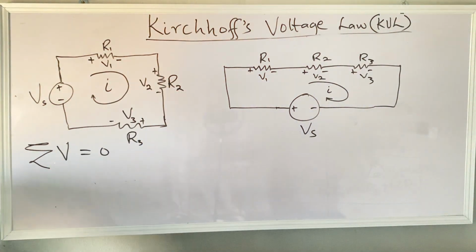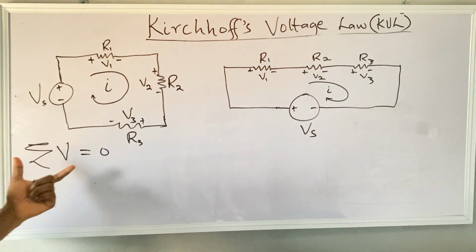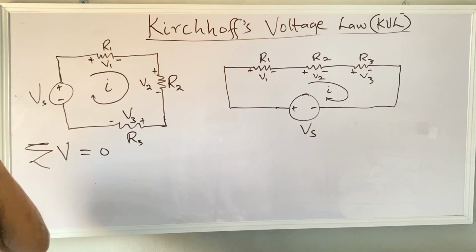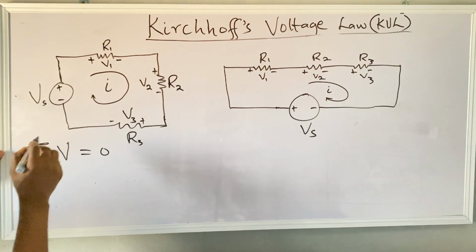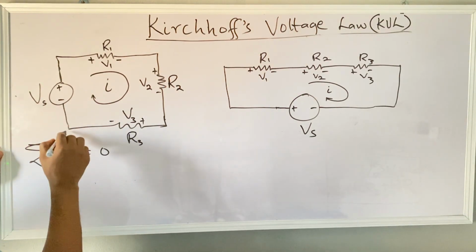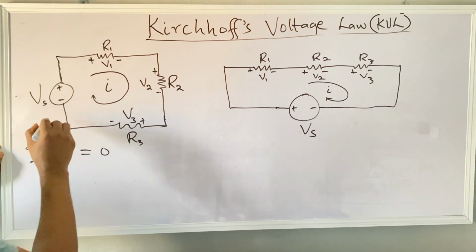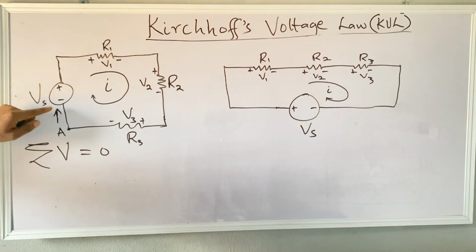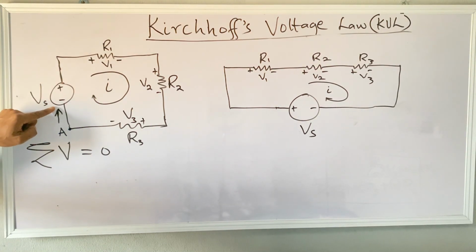According to Kirchhoff's voltage law, the sum of all the voltages must be equal to zero. If we start from this point, let's call this point A, and move in this direction, the first sign we encounter is what we are going to take.